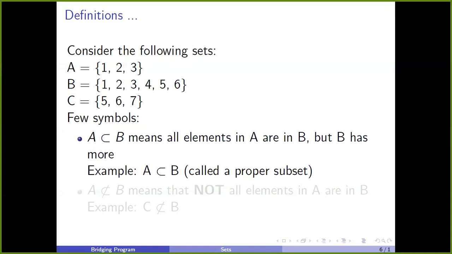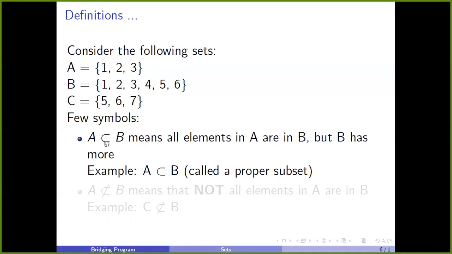In that case, A is a subset of B. If A and B have the same elements, it still falls under the same definition, because all the elements that are there in A are also in B. But if you want to use this symbol, all the elements that are in A are in B, but B should have more elements as well. It has to be bigger.